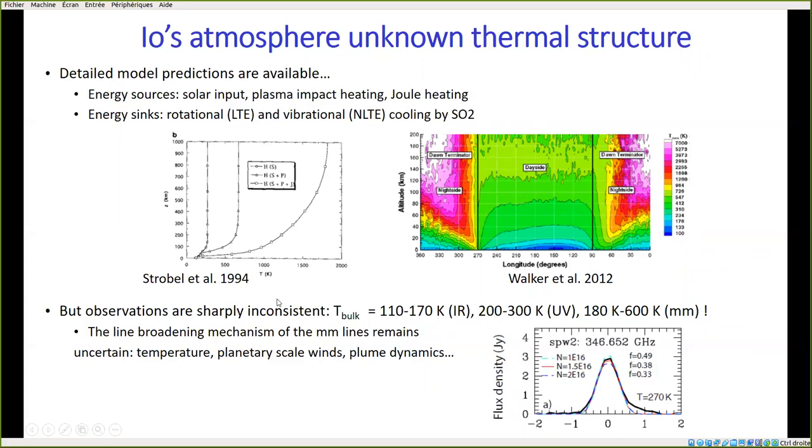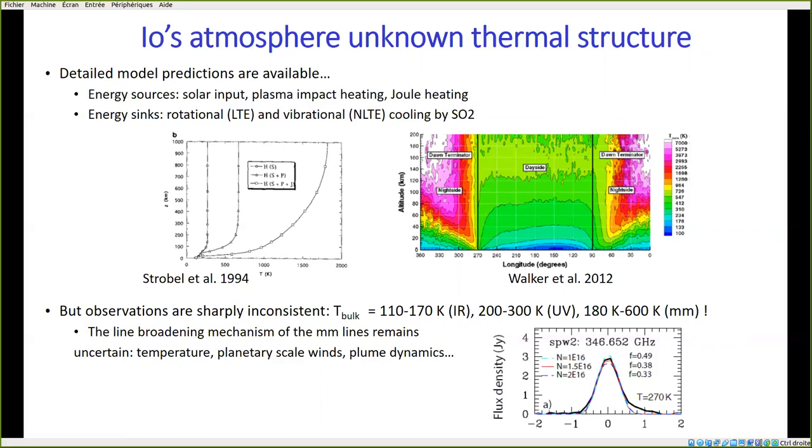Unfortunately, the observations send us very conflicting messages in this respect. The different techniques to observe Io's atmosphere return essentially any value from 100 to 600 K for the bulk temperature of Io's atmosphere. So we have not yet measured properly even the mean temperature of Io's atmosphere, and even less the vertical temperature structure.